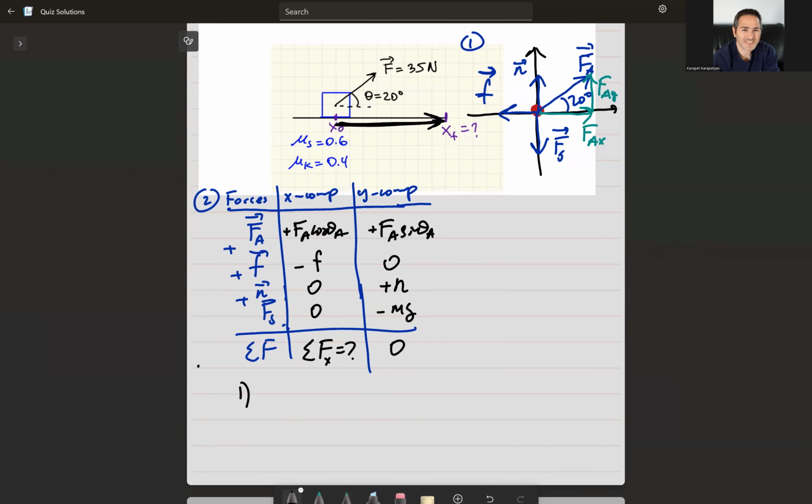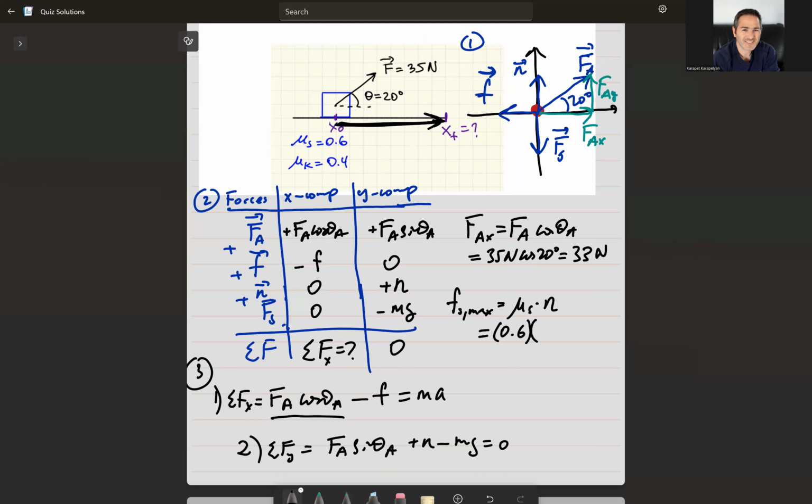Remember, static friction is an adjustable force. It can adjust itself to match the applied force, but to a certain degree. That means it has a maximum value that it cannot go above. That maximum value is given as the coefficient of static friction times the normal force. And the coefficient of static friction I'm given as 0.6. That means if I know what the normal force is, I can plug in and calculate the maximum static friction force.